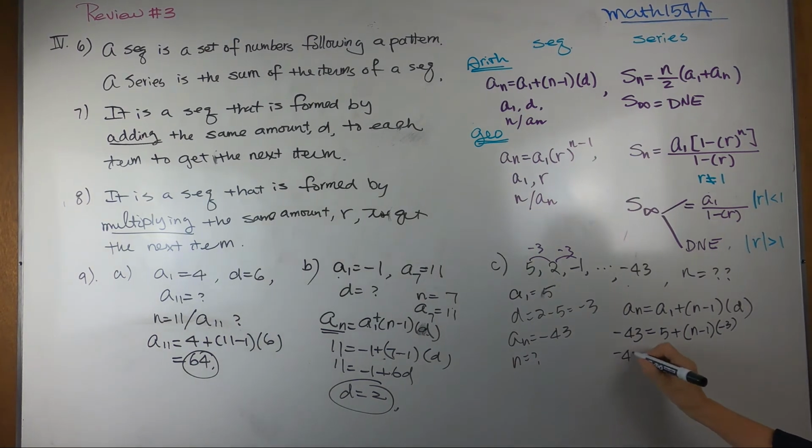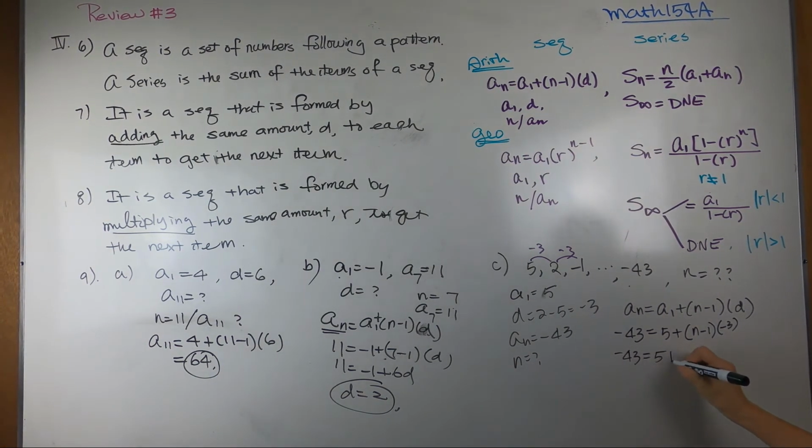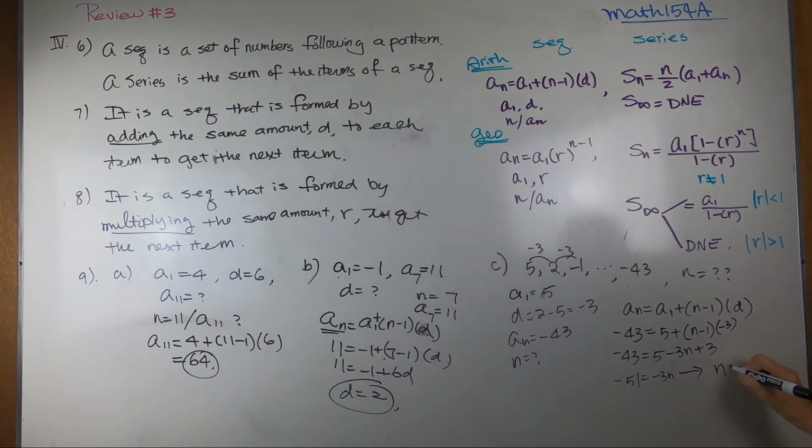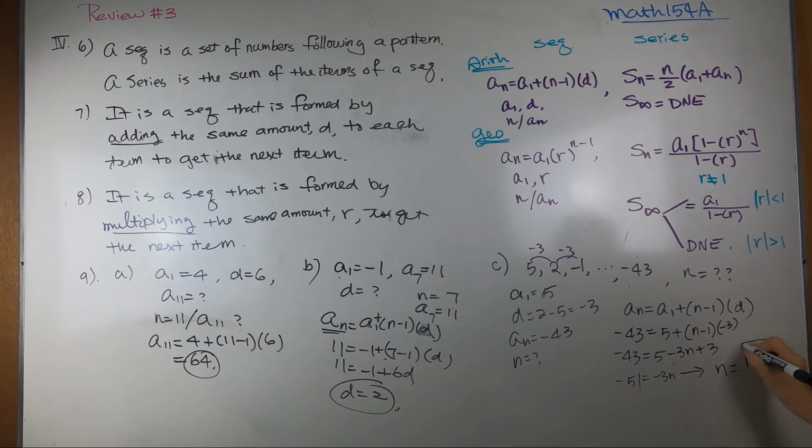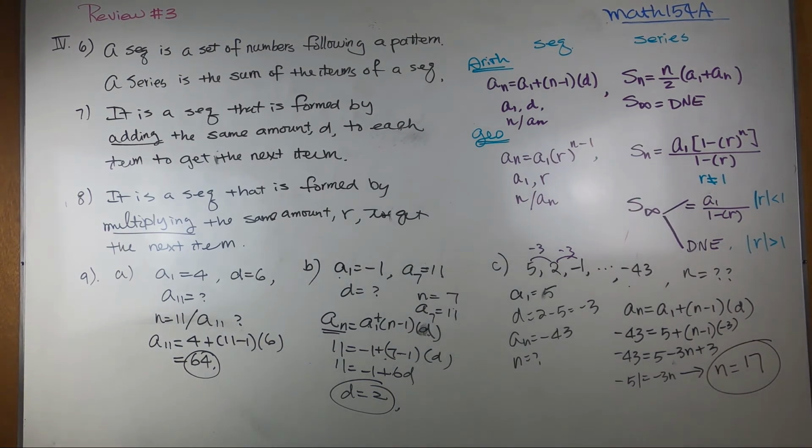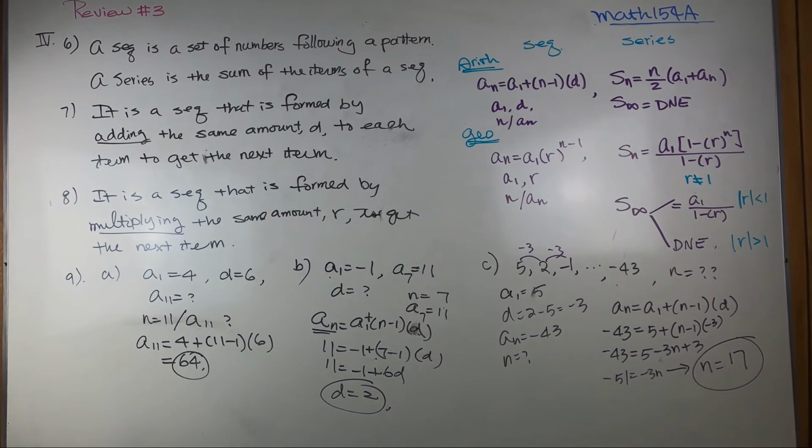So we have -43 equals 5 plus, distribute the -3 and plus 3, right? So move over, -51 is -3N. So what do we have for N? N is 17, right?